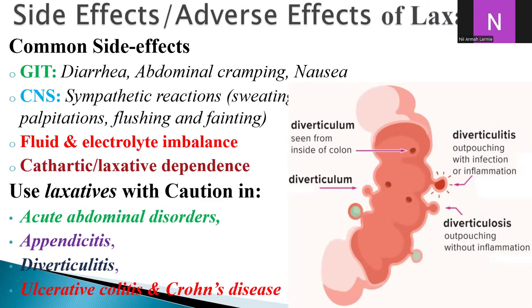And they cause ulcers in the colon. Now, if the ulcer is spread throughout the whole colon, we will describe it as ulcerative colitis. And if it is spread in parts of the colon, not all the colon, then it will be described as Crohn's disease.